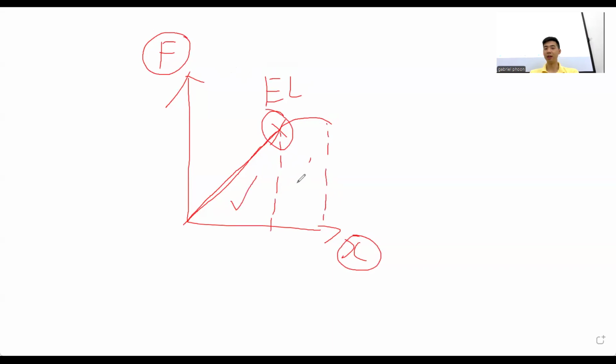This part here doesn't obey Hooke's law. I repeat again, the definition is important. You may be asked to write this down, so don't worry, I'll give you time. Hooke's law states that the force exerted on a spring is directly proportional to the extension of the spring, provided that the elastic limit is not exceeded.